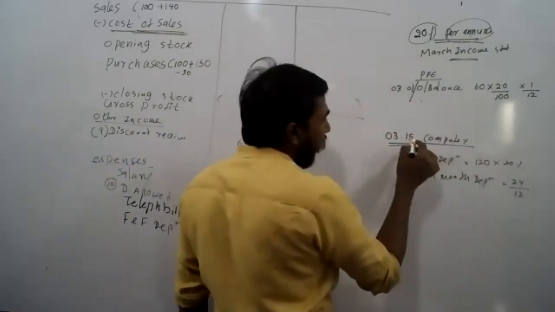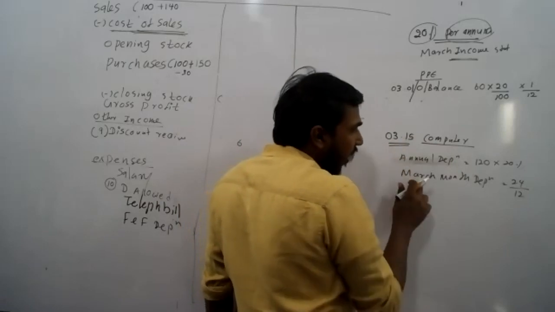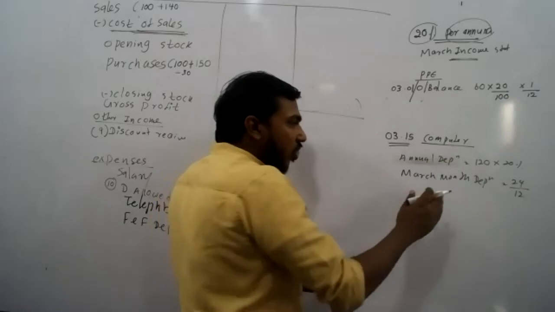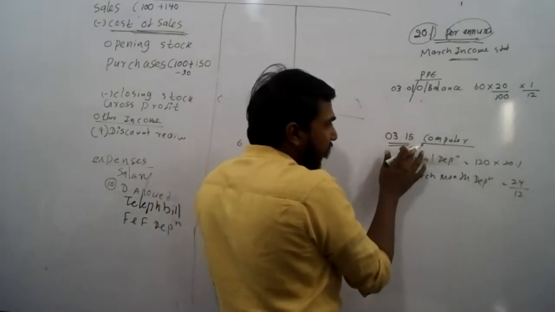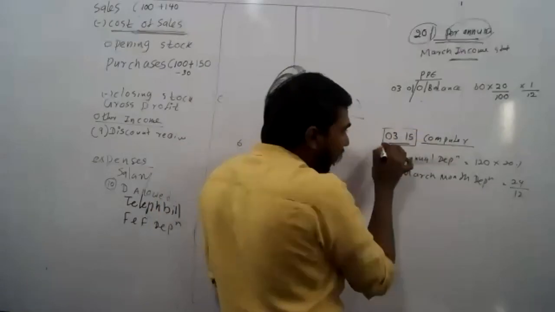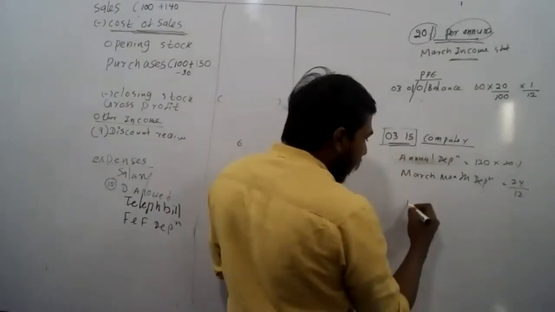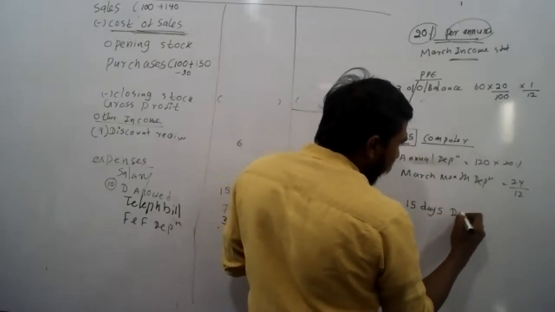But look here, from March 15. You can't take this fully, because this is for the month of March. This asset was not there from the beginning. The asset was there from March 15. This is monthly depreciation, out of that we have to depreciate for 15 days.